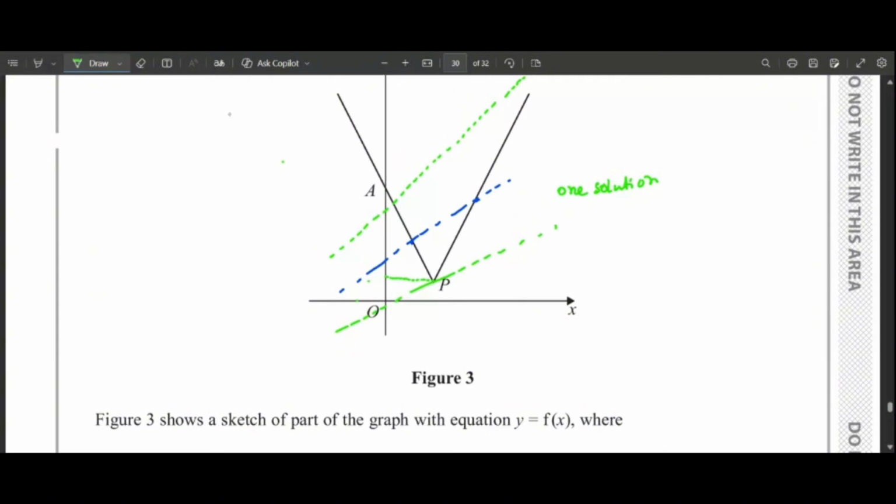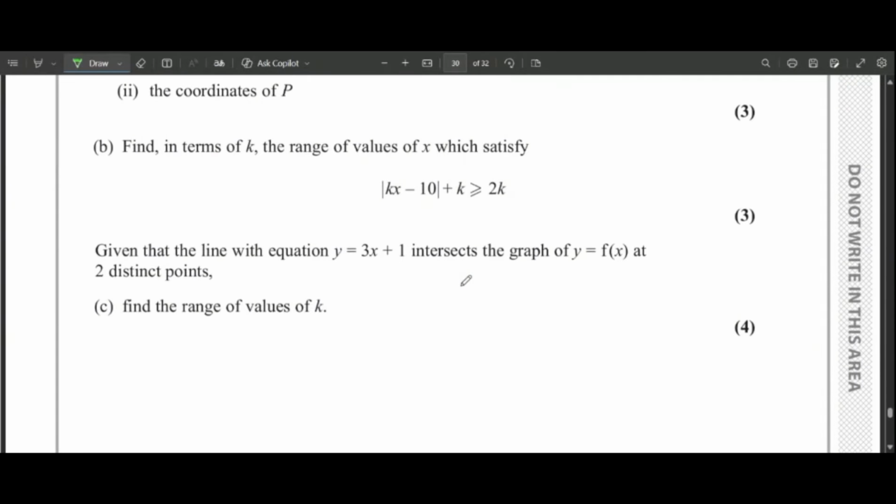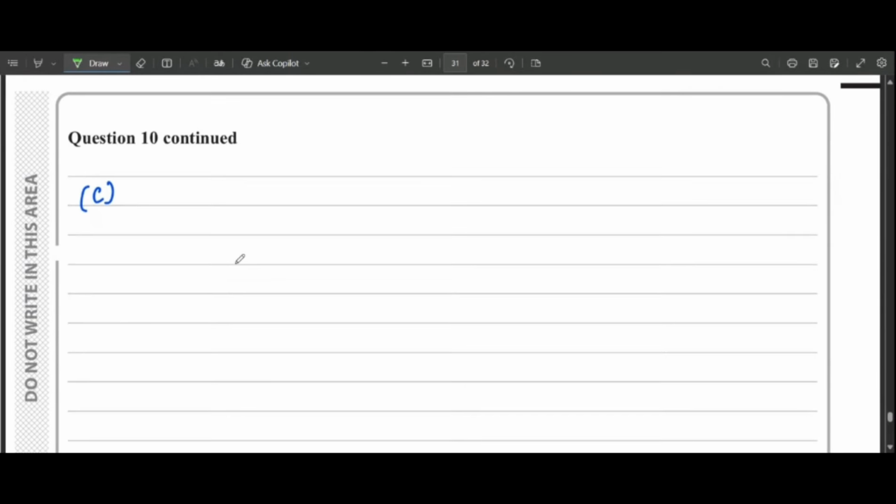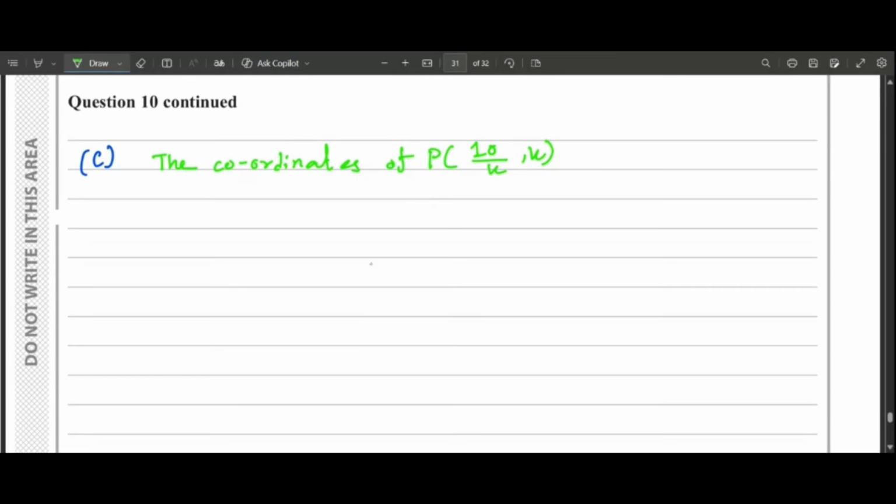Now at the minimum value of k, the modulus function will intersect only one time with our line. So if that is the case, we can substitute the coordinates of P, which is 10 by k and k, into our equation of y equals 3x plus 1.